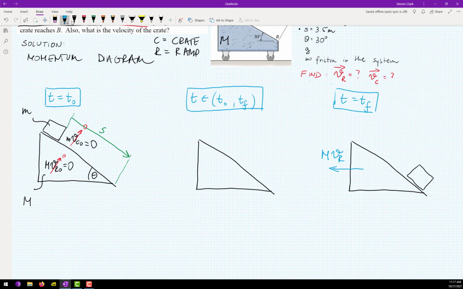Yeah, and the crate will go with the ramp, but also it will go relative to the ramp. Do you see that? Our crate will have for sure this component, mvr, but it will also have this component, mv crate relative to ramp.